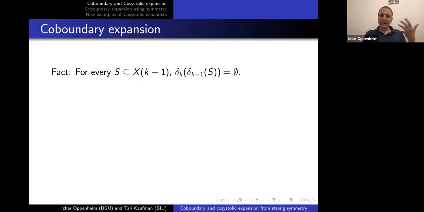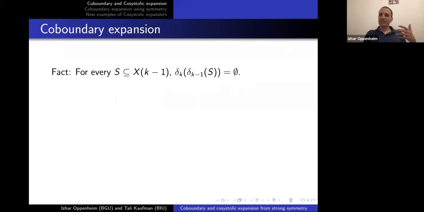So a generalization of this fact is, if I go 1 degree lower and take some set of k minus 1 faces and take its cut set, and then this is a set of k faces, and then I take its cut set, I always end up with the empty set. So there is always the empty set coming trivially from 2 degrees below.